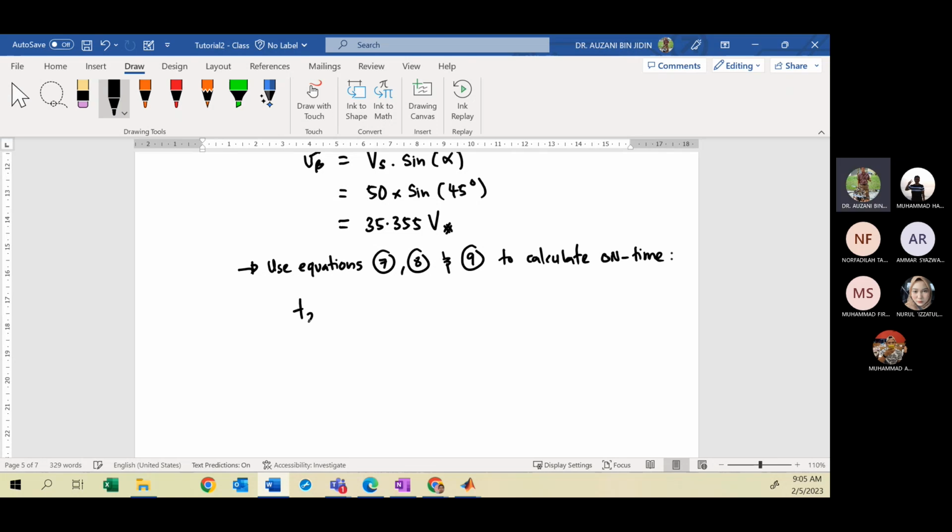So where your T2, 33 V beta, then you get here the value is 3.